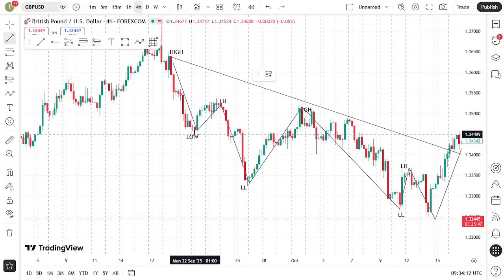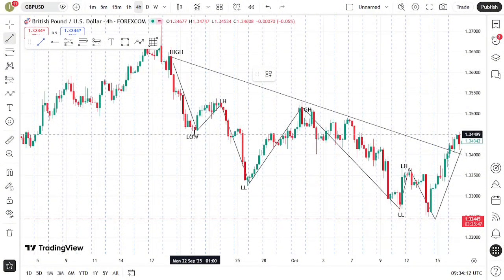The next structure that broke, the major structure right here, was around here. For the sake of clarity, I'm not going to be diving too deep into this, to help us assimilate this easier for now before I move further. So that is basically what we have for downtrend.